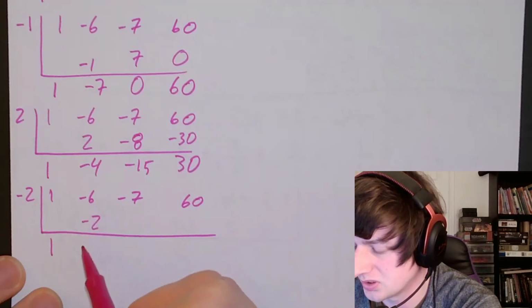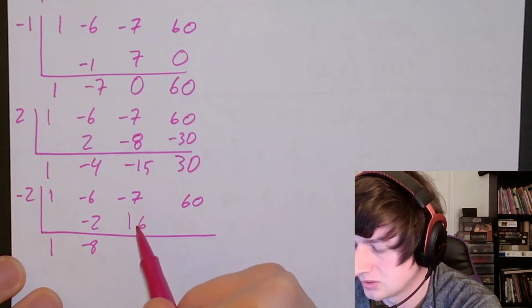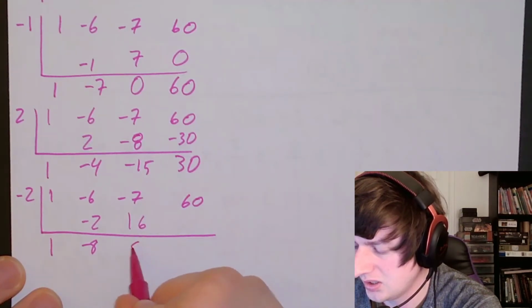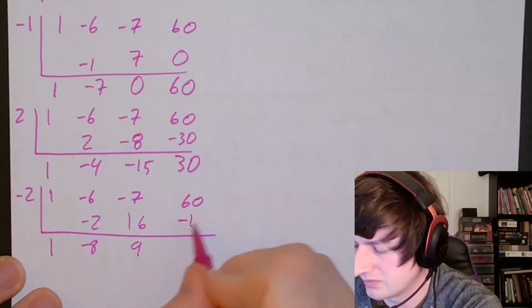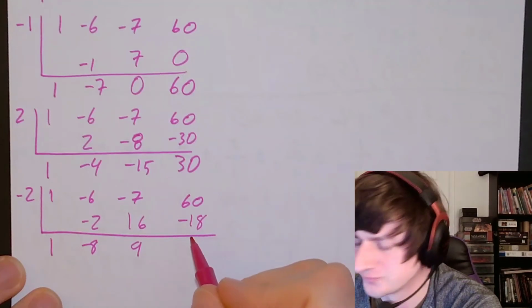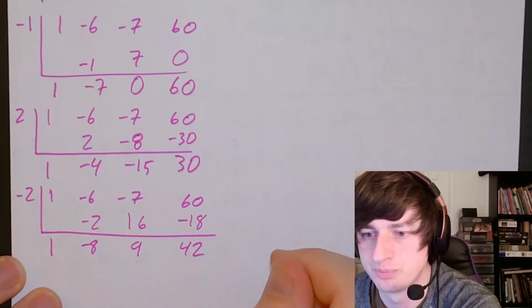This gives us a negative 8. We multiply, we get 16. That gives us a 9. Negative 18. 42. Nope.